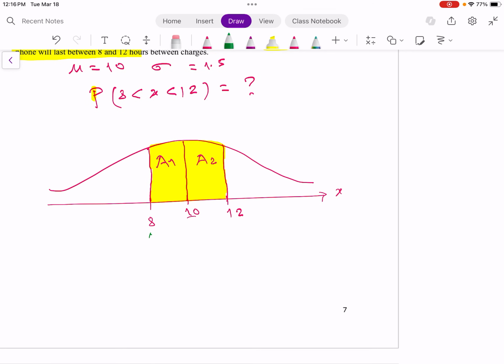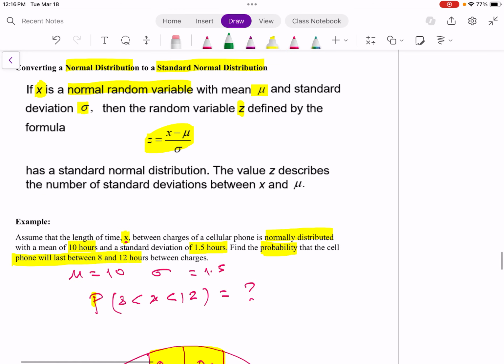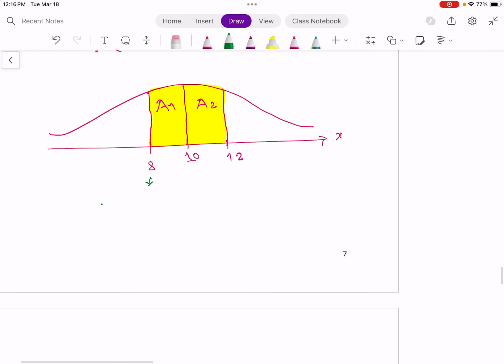Now we have 8. How do we convert 8 into z? The formula is x minus mu divided by sigma. Our x is 8, so 8 minus mu, which is 10, divided by sigma, 1.5. Can you give me the final answer here? Negative 1.33.